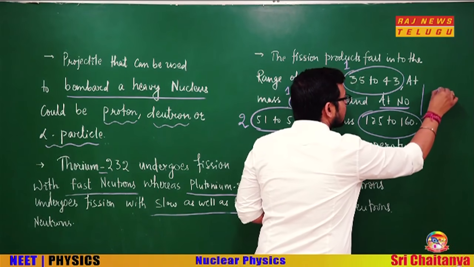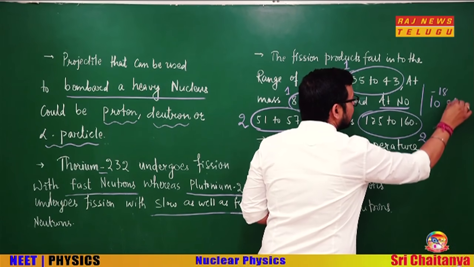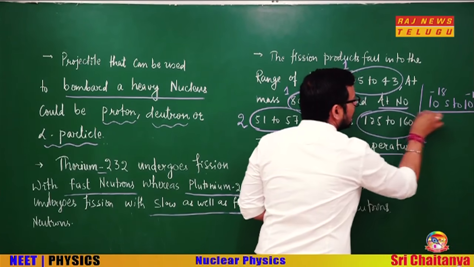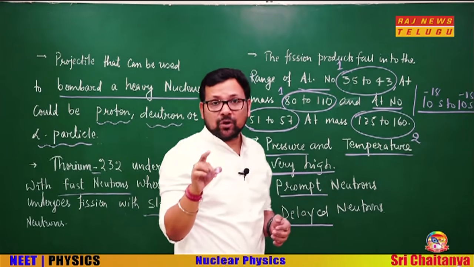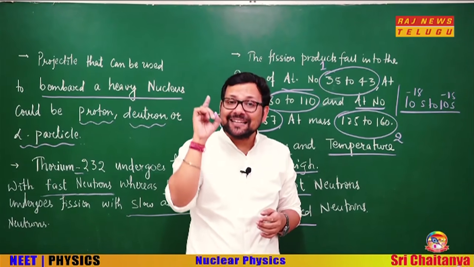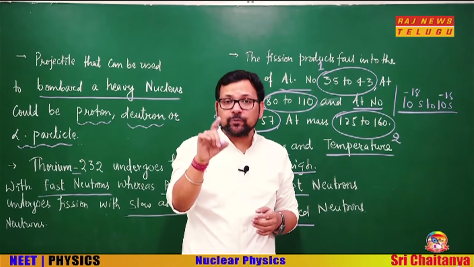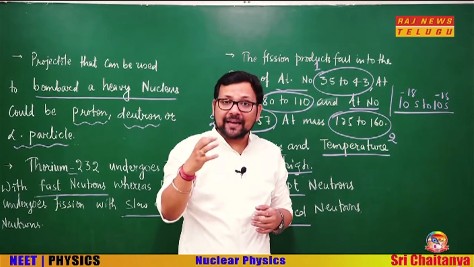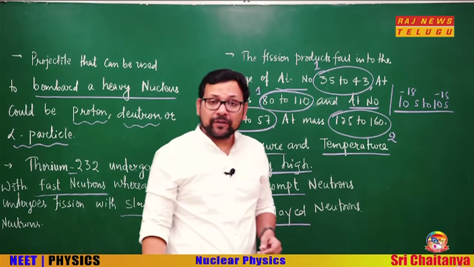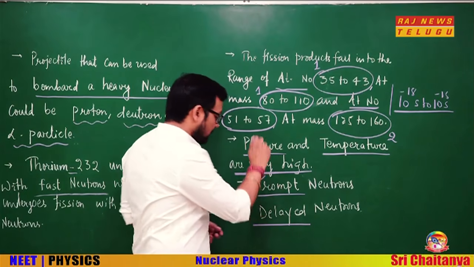Time span is 10 raised to power minus 18 second to 10 raised to power minus 15 second. For more than 99% of the product neutrons, they are released in this much time, instantaneous.